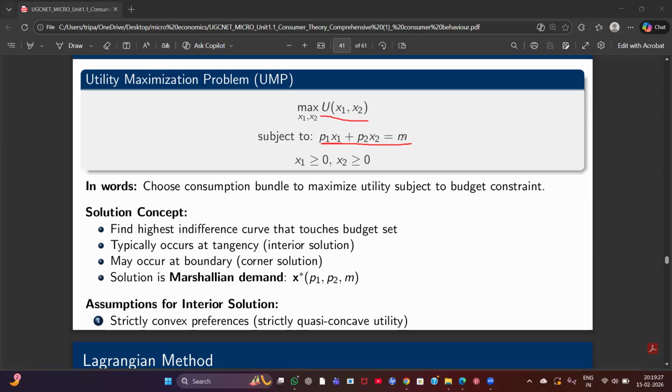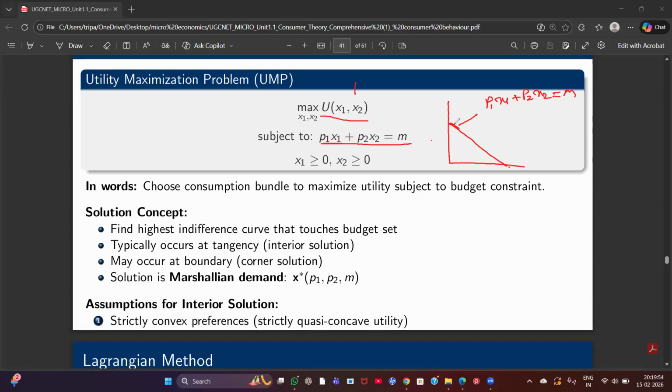That means when we draw the equation, this budget line will be represented by a straight line. Suppose this is the straight line: P1 x1 plus P2 x2 is equal to M. So my constraint area is not on this line only.